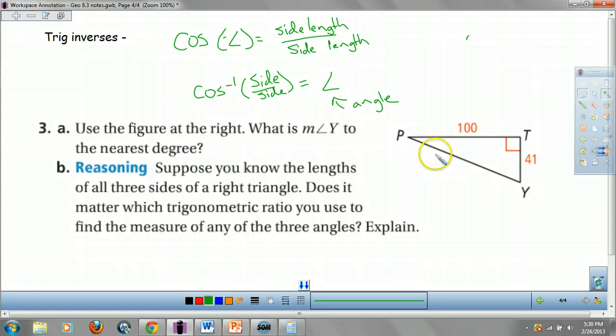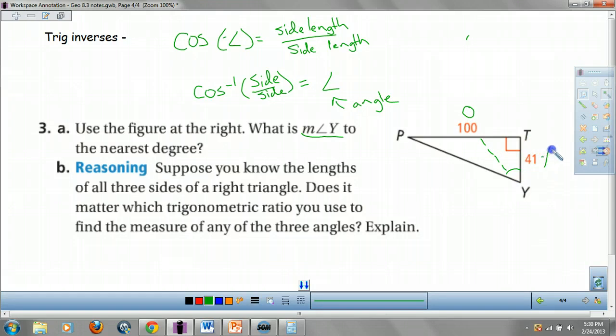Best way to do this is to do an example. Figure at the right, we want to find the measure of y. Okay, so we're looking at y. Well, we know two sides. This side is opposite it. It's not touching it.